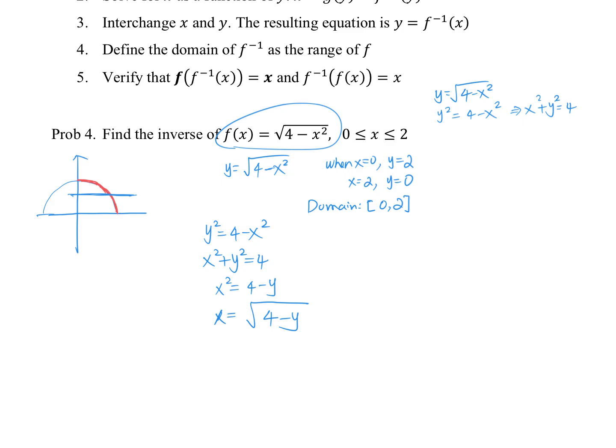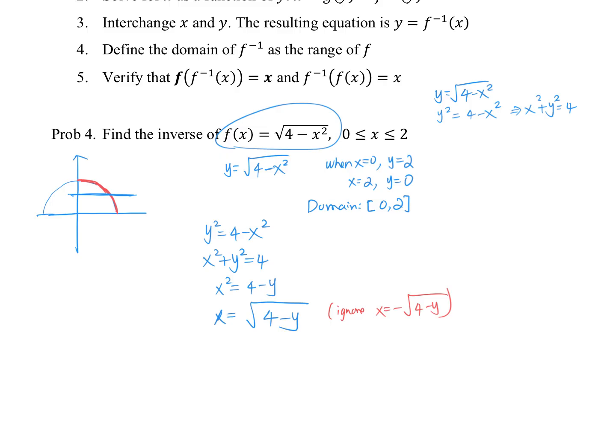Now, time to take a look at which value we are going to take. So we have not interchanged x and y yet. So therefore, this x is still the same as this x, right? And this x is between 0 and 2 inclusive, and they are all non-negative values. So therefore, I will keep the positive sign right there, and I'm going to make a note, ignore the other one for that reason.